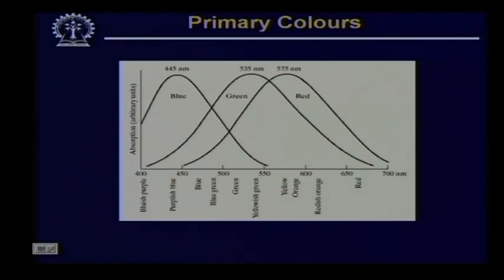There are some cone cells which sense the green light, and there are some cone cells which sense the blue lights. And these lights are mixed together in different proportions in an appropriate way, so that we can have the sensation of different colors. And this is the main reason why we say that red, green and blue are the primary colors, and by mixing these three primary colors in different proportion, we can generate almost all the colors in the visible spectrum.